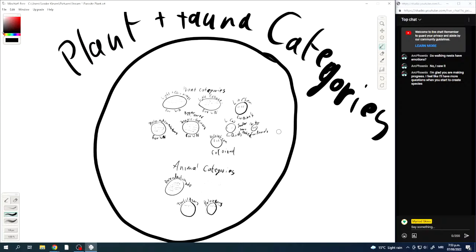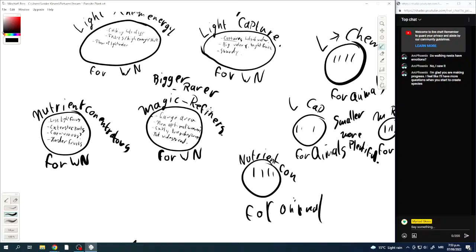I've already got general characteristics behind different categories of plants, behind different purposes of plants. So I should hopefully be able to make species in these categories, or at least clades or something like that. You know, the kind of categories of species.